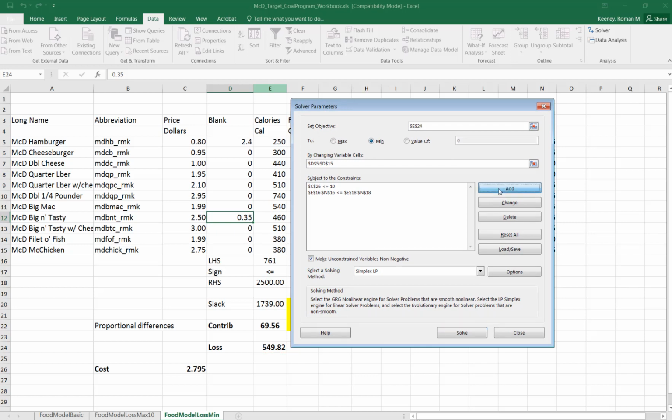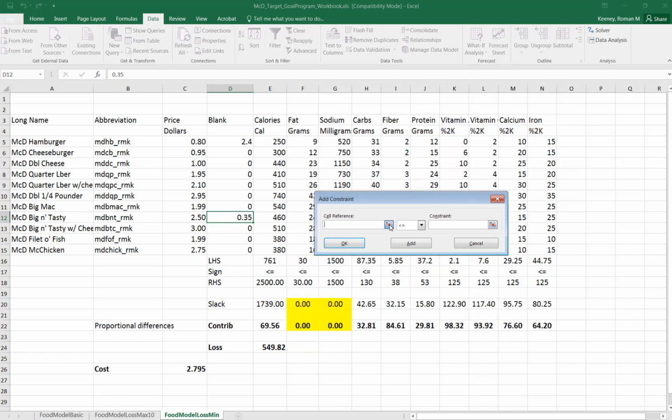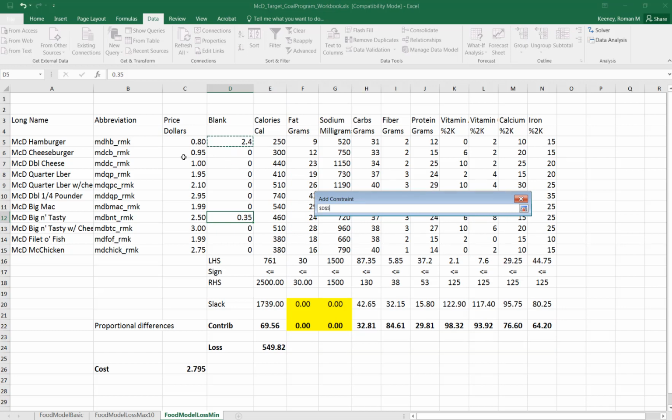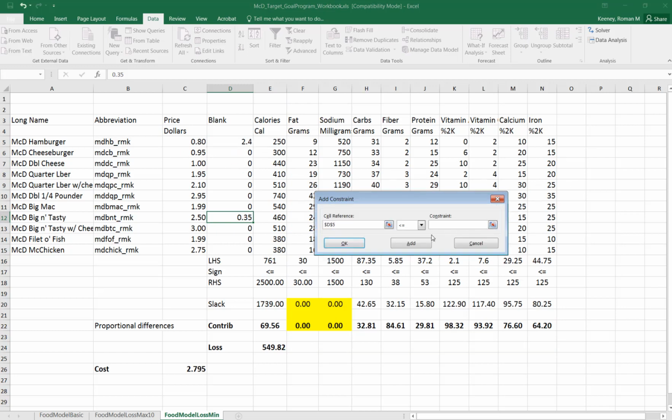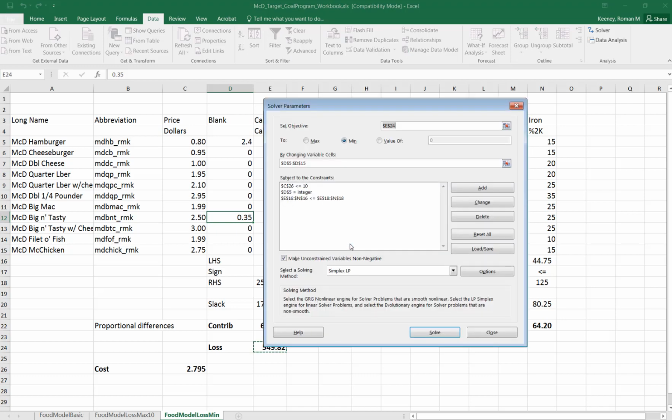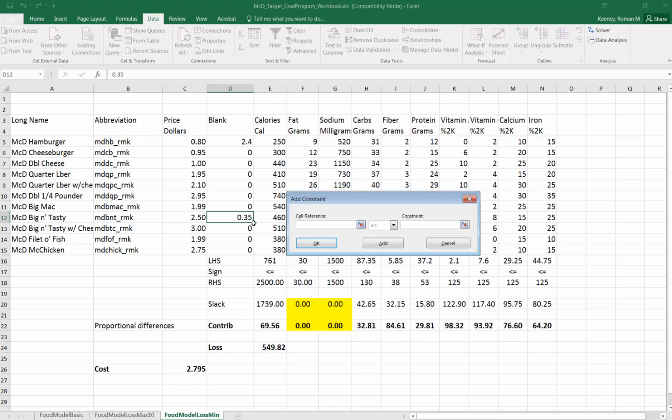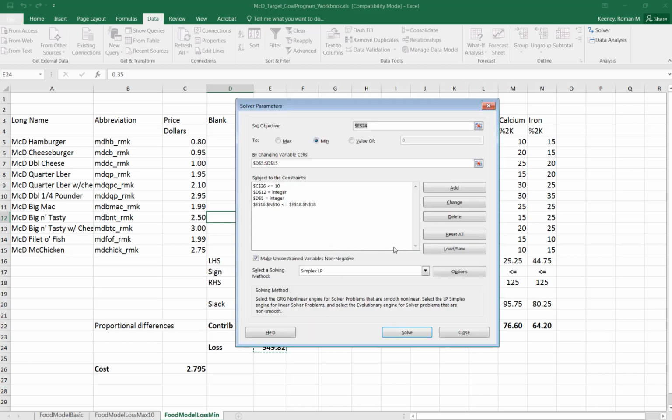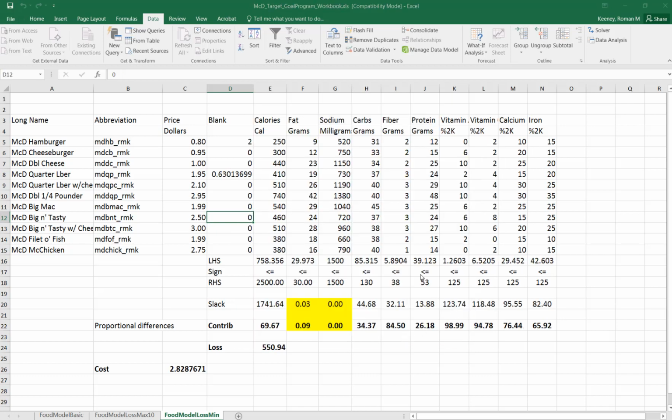We add a constraint for the hamburger cell, and instead of choosing an inequality or equality sign, we choose int, which says D5 must be an integer. We add another constraint that D12, the Big and Tasty, should also be an integer. Click OK, and then click solve.